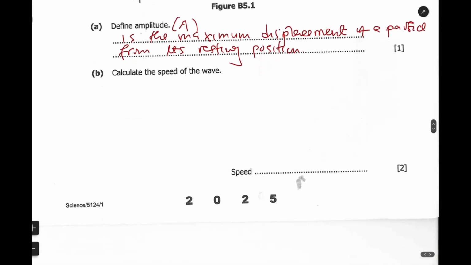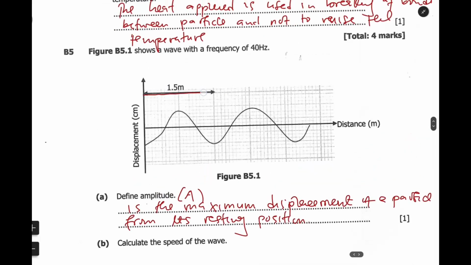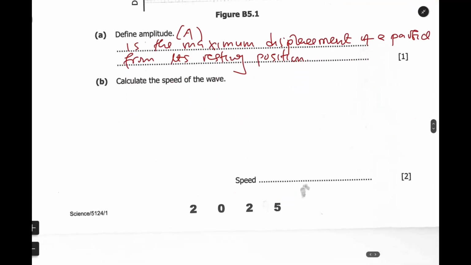Calculate the speed of the wave. We've been given that this is the wavelength, and the wave has a frequency. To calculate the speed, what are we given? The wavelength is 1.5 and the frequency is 40 Hz.